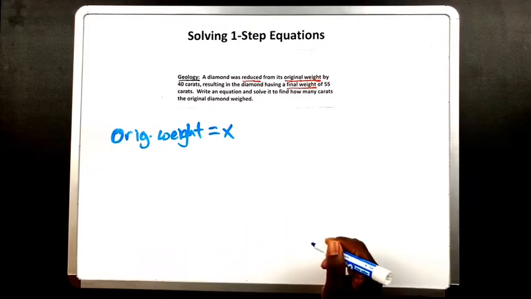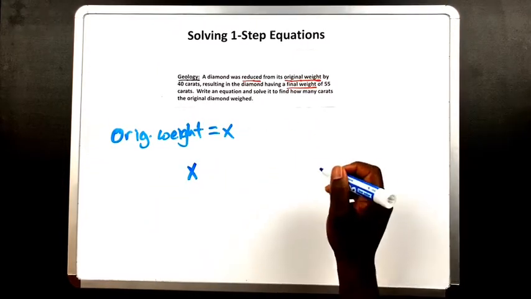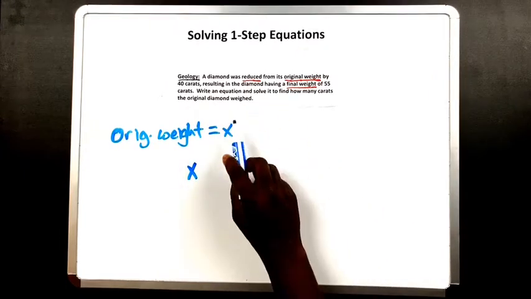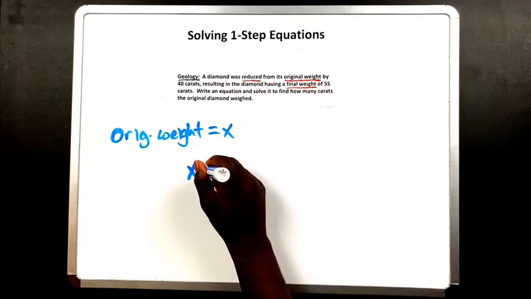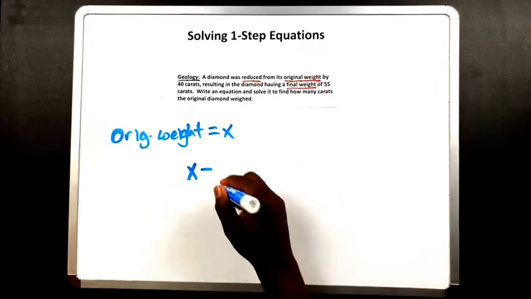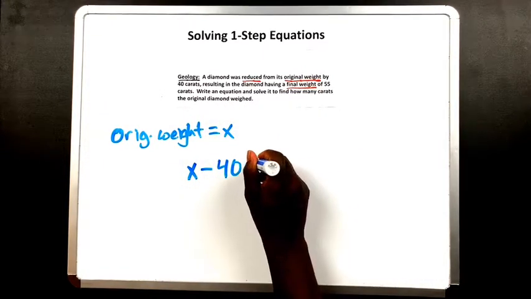So let's begin to write our equation. The diamond was reduced from its original weight by 40 carats. So minus means reduced by 40 carats. Right now it's an expression, but they said write an equation. So we put an equal sign.